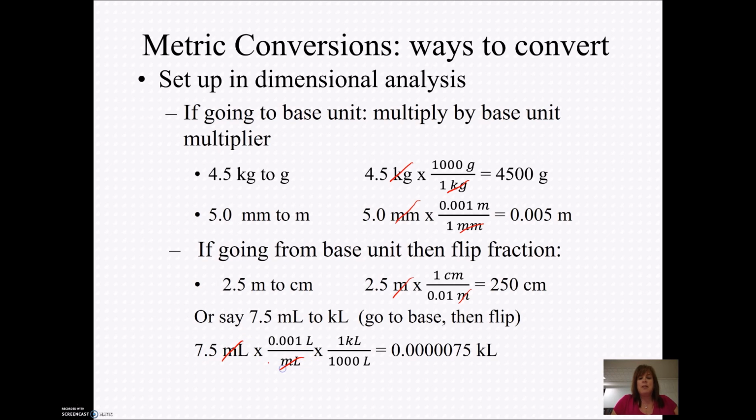That gets rid of milliliters and puts me in liters. And then I divide by 1,000, because then I can cancel out my liters, and I'm left in a kiloliter. So 7.5 times 0.001 divided by 1,000 gives me a whole heck of a lot of zeros. Or I could just move the decimal over 6 places, right? Either way, whatever works for you, that's great.